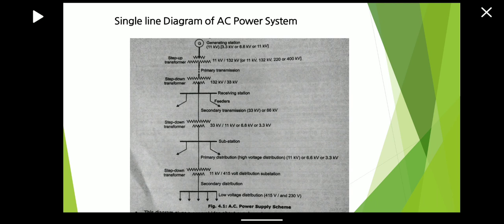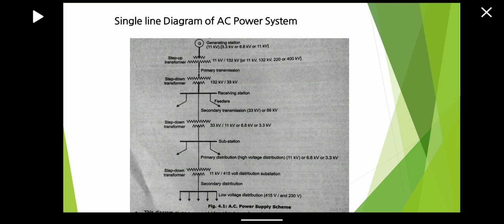Now this is the single line diagram of the AC power system. In this diagram we see one generating station, which is 11 kV. The electrical power produced in the generating station is transmitted over a large distance through the transmission line.